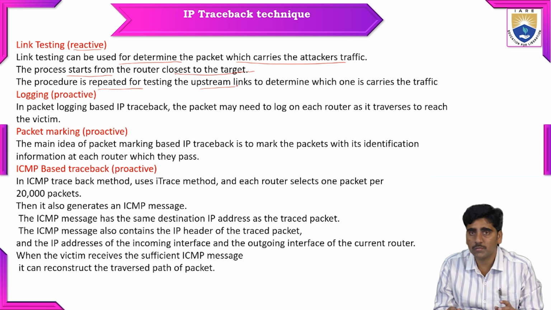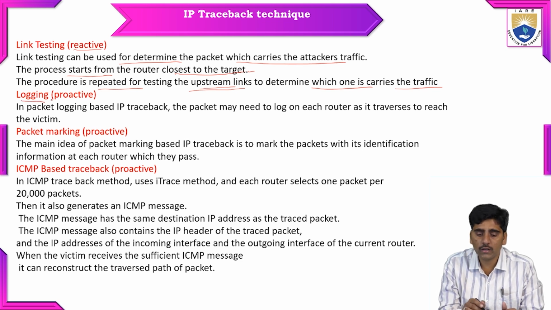Upstream links are all the routers going back toward the attacker's point of view. Again, we test all the upstream links to determine which one carries the traffic, that is, which packet is carrying the traffic and which routers are forwarding toward the attacker.